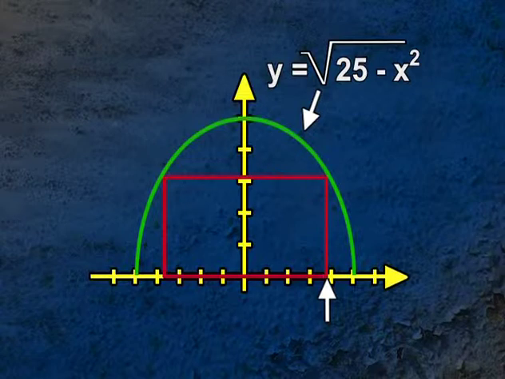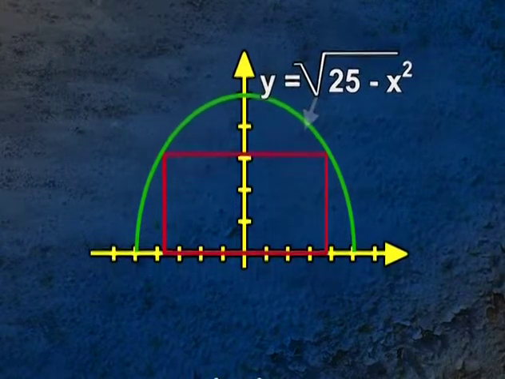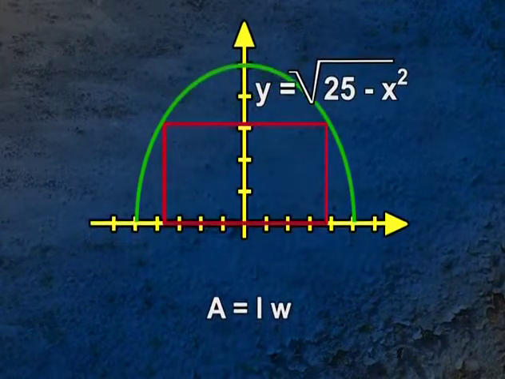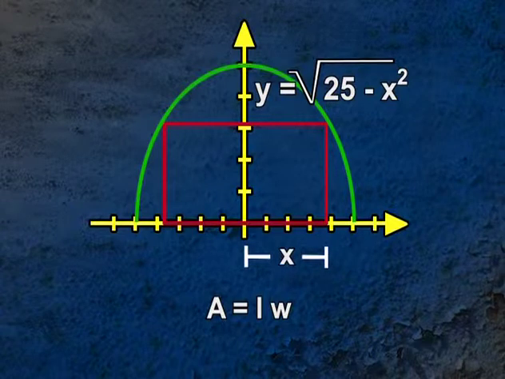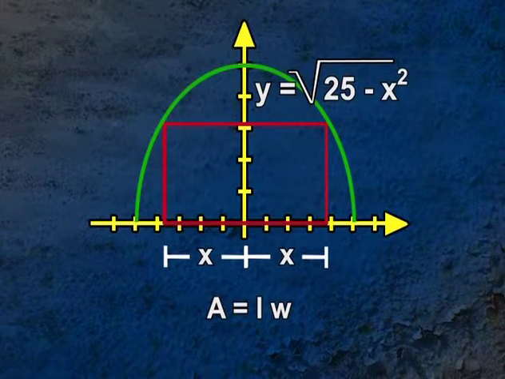All right, for us to write the area in terms of that x value, we begin with the area formula. A is LW. Now understand that the length of our rectangle is really two values of x. Here's the value of x, and here's another value of x, or distance of x, on the other side of the y-axis. So those two distances together really give us the length of the rectangle.